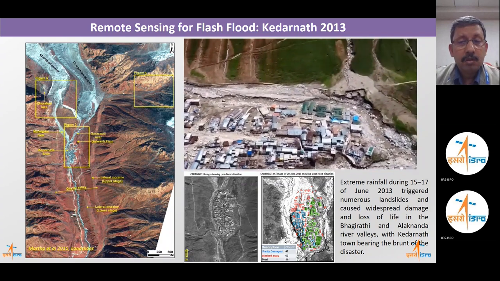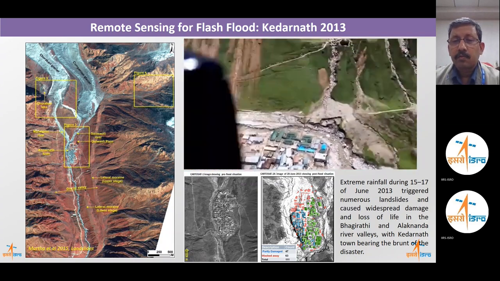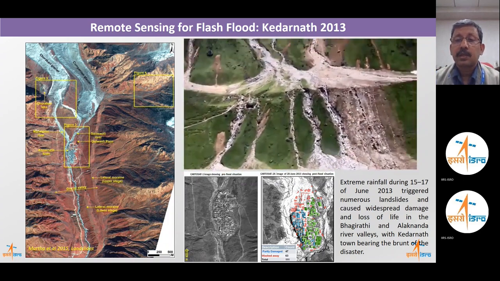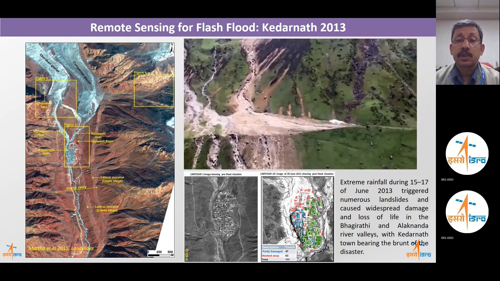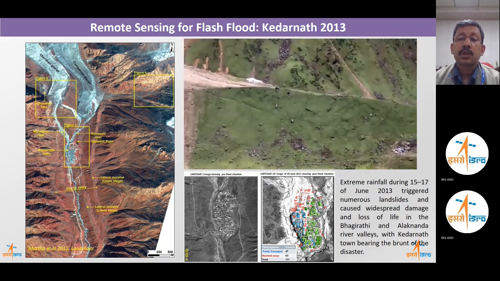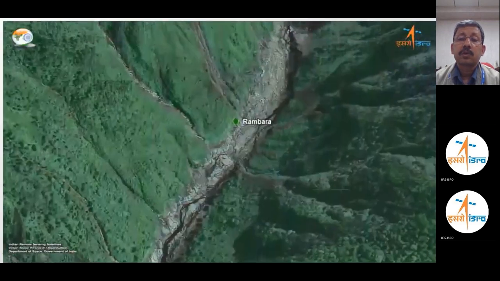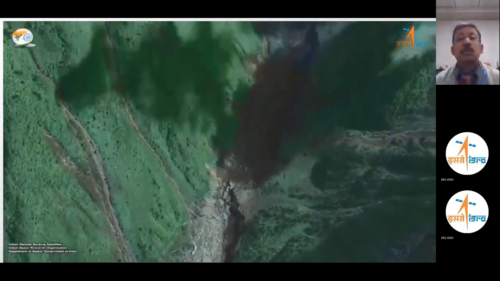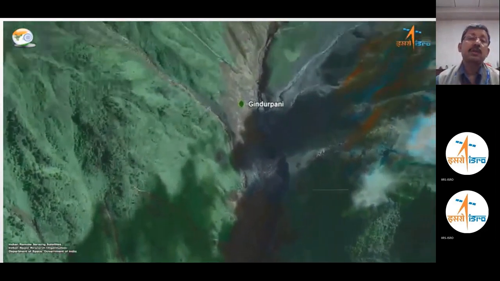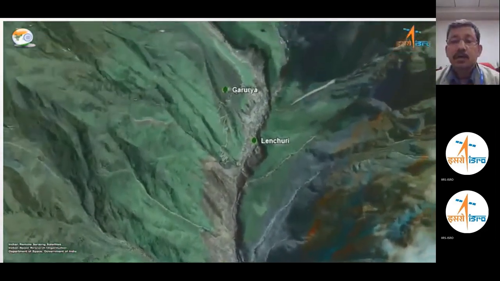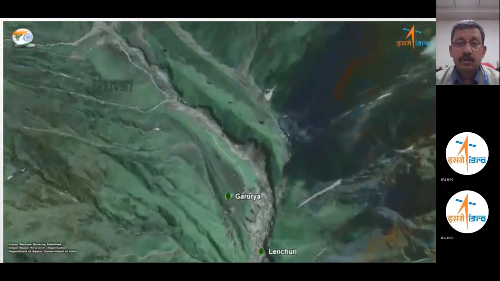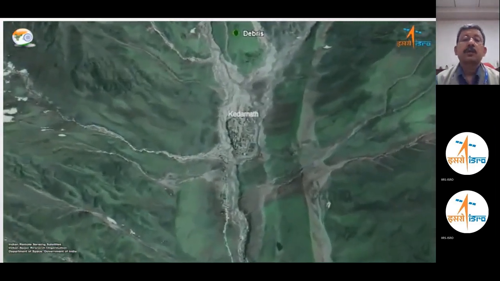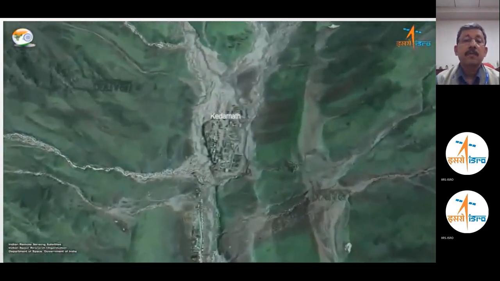But it was not all. In fact, remote sensing helped us even identify the potential of rescue and rehabilitation using a digital elevation fly-through, which was created even before the aircraft could fly there. So this is a digital elevation model draped with high resolution, I would say Cartosat and LISS-4 merged data.